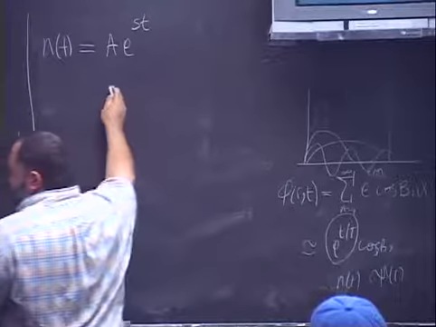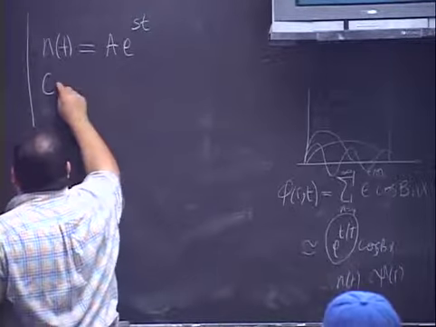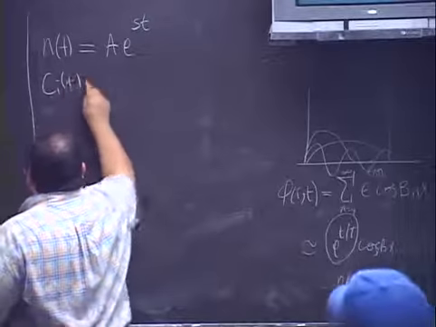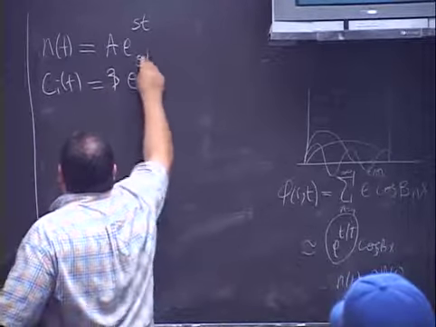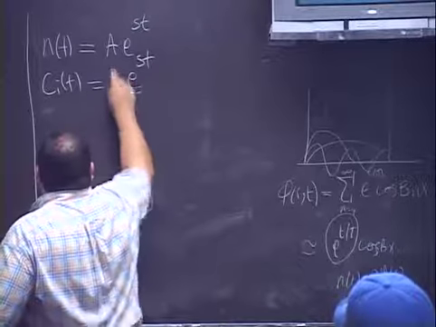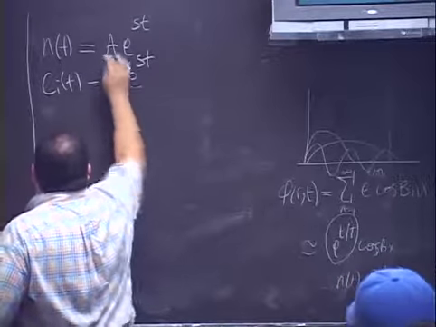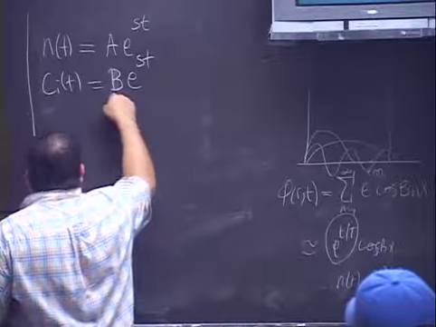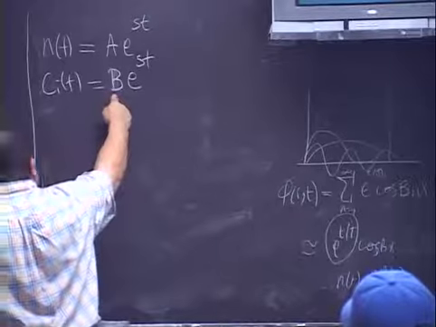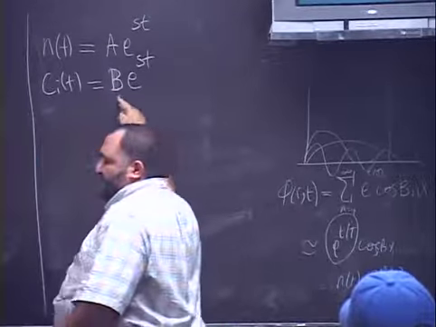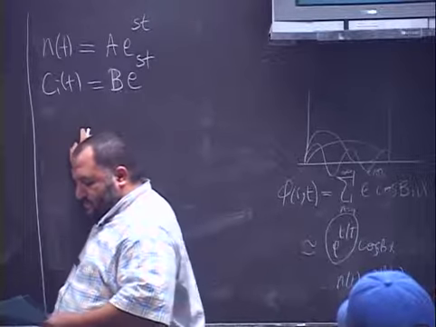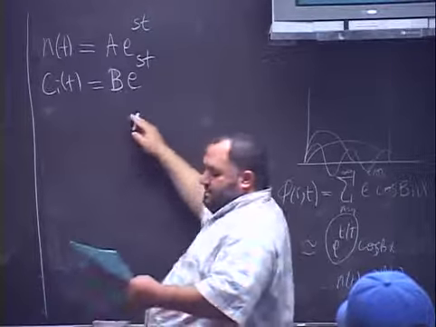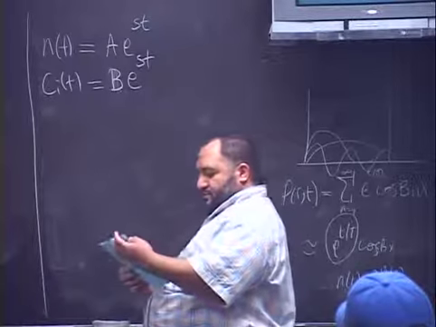And c I of t will just be B multiplied by e to the power of st. This is a constant, this is a constant. This is not the beta I, this is not the BG, which is the geometrical buckling.